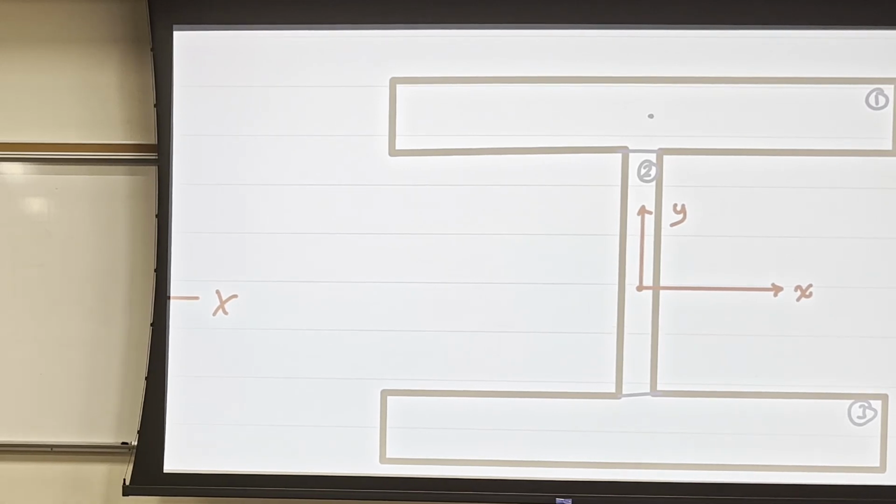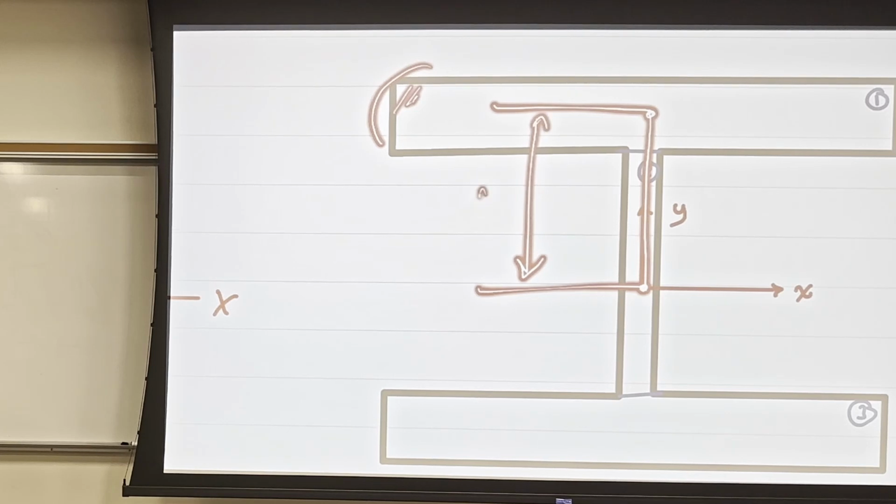The centroid of area 1 is right in the middle here, okay? This one. If the centroid of area 1 doesn't coincide with the centroid of the whole shape, then bh cubed over 12 is not enough. I need to add another term, which is area 1 times this distance, and it's gonna be squared.